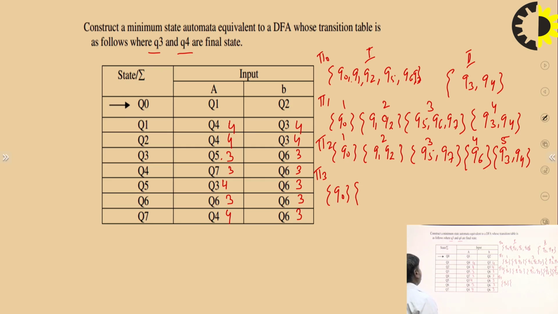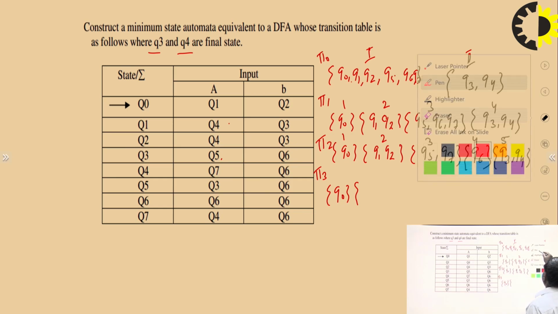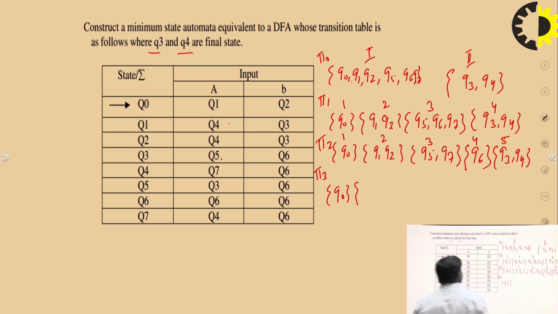Now Q1 and Q2. We check whether Q1 and Q2 have similar behavior, then they lie in the same set. If they have different behavior, then we move them to a different set. Now Q1 and Q2, 4, I think it lies in set 5, yes, set 5. Q3 again here is 5 and 5.